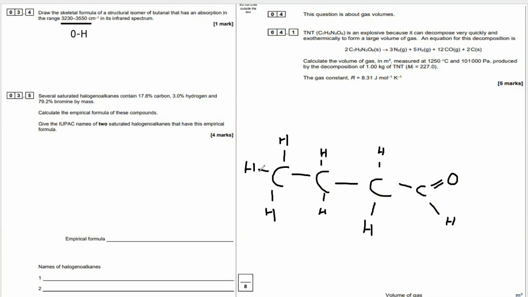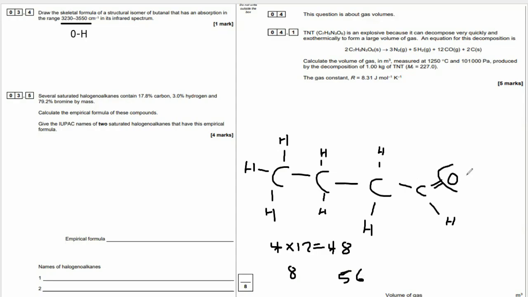We need to work out the molecular mass of this. So you're looking at 4 times 12 for the carbons, and that's going to give you 48. You're then going to add up all the hydrogens. So we've got 1, 2, 3, 4, 5, 6, 7, 8. So we got 8 for the hydrogen. So we add those two together. It's going to make 56.